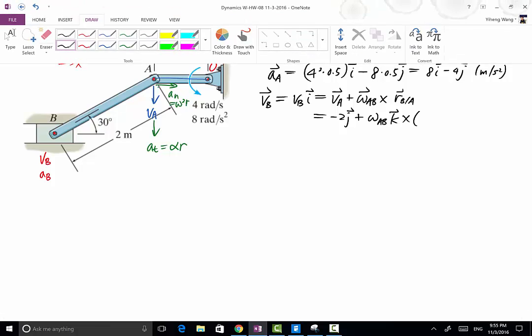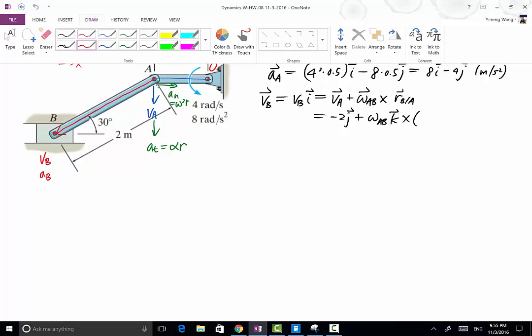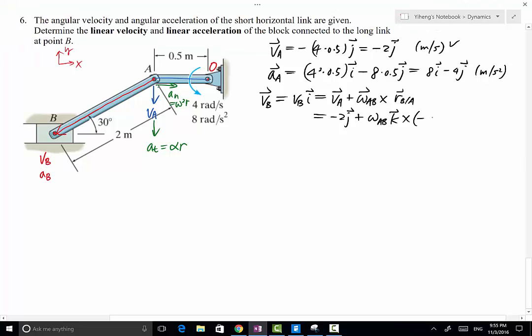Now RBA is this vector right here from A to B that has horizontal components along the negative x direction of negative 2 cosine 30 degree I, and then vertical down, so along the negative y direction with a component of 2 sine 30 degree J.